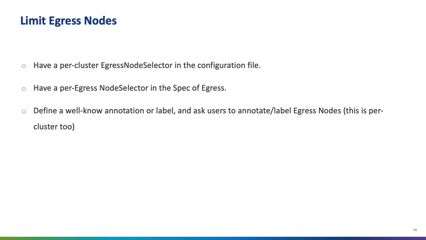So you are talking about the combination of the per cluster node pool or per egress node pool. We define several node pools via CRD, right? So when we define an egress, we specify a node pool. Is that okay? Let me think about it.